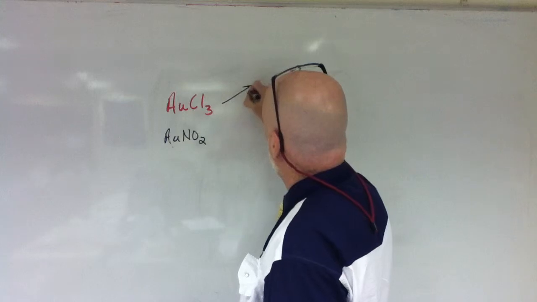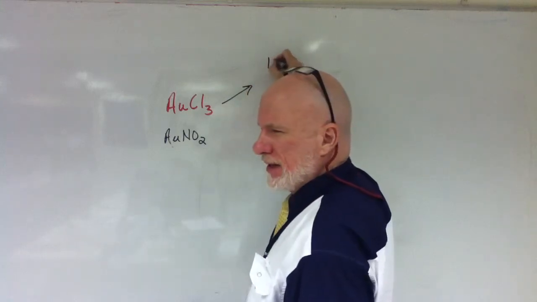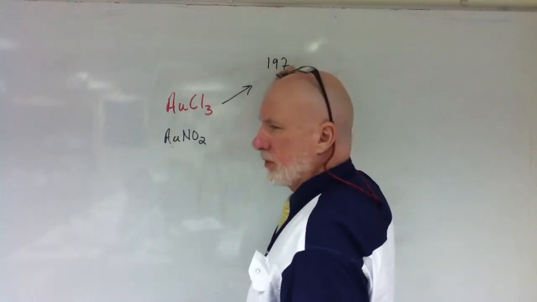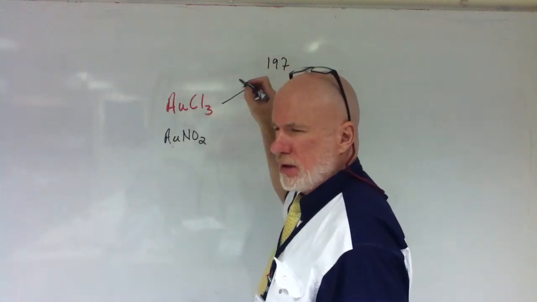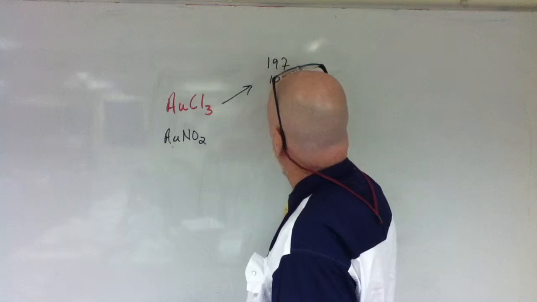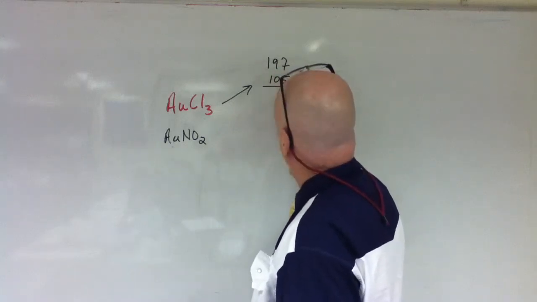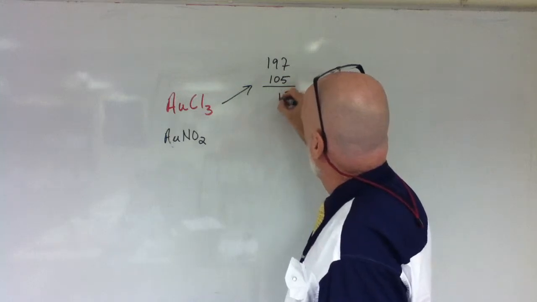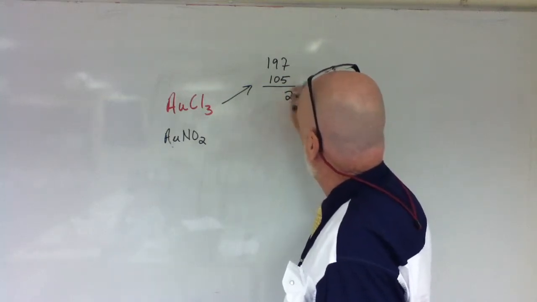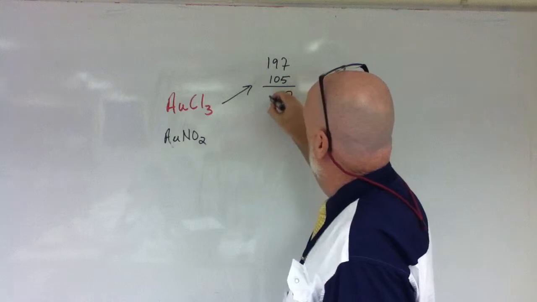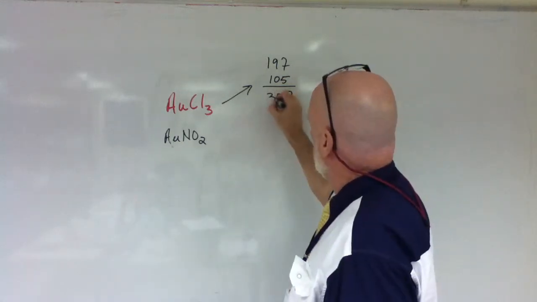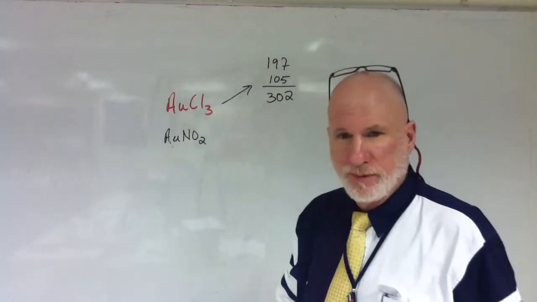So this one is going to be, what did you say, 197? Yep. 197 plus 35 times 3, which is 105. Is that right? So it's going to be 302, correct?